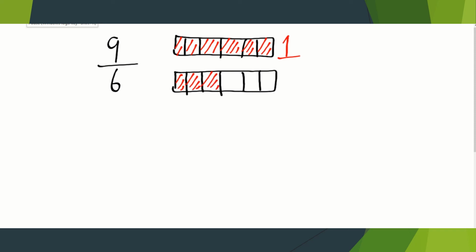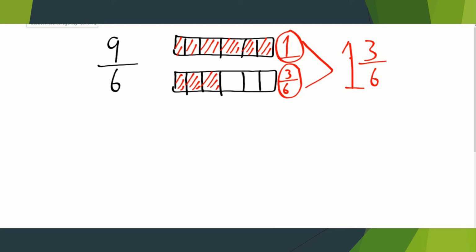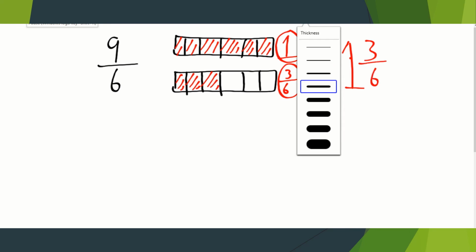I stop. So I've now got, in this part, 3/6. So essentially, if I put these two together, I've got one whole. That's this part, the whole coming in. And I've got 3/6.